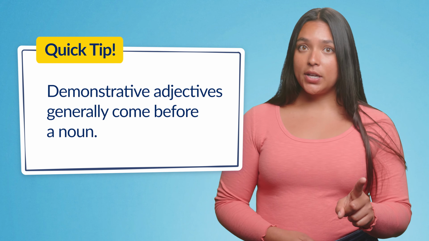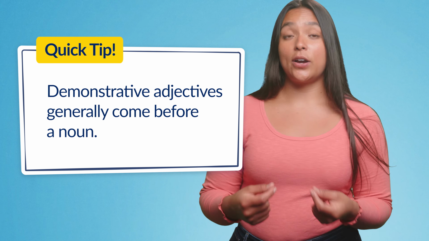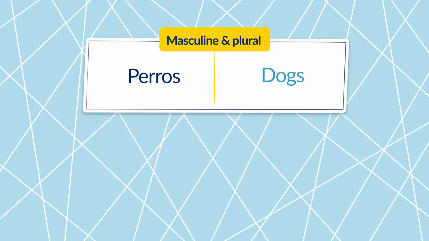Now that you've learned the demonstrative adjectives of the Spanish language, take a second to remember these quick tips about using them. First, remember that demonstratives generally come before a noun because they are adjectives. And you know how, with normal Spanish adjectives, you have to make their form agree with the noun's gender and number. For instance, if you wanted to say that multiple dogs are big, you would need to know that the word for more than one dog, perros, is masculine and plural.